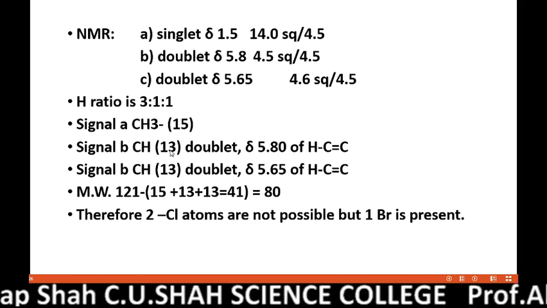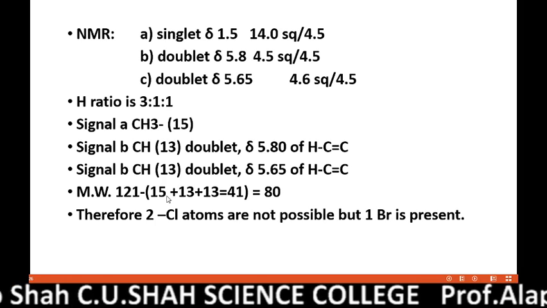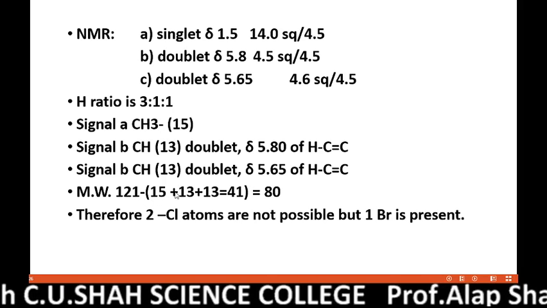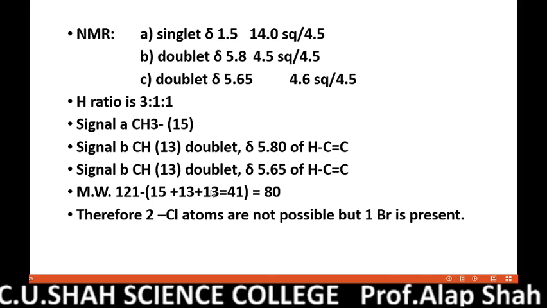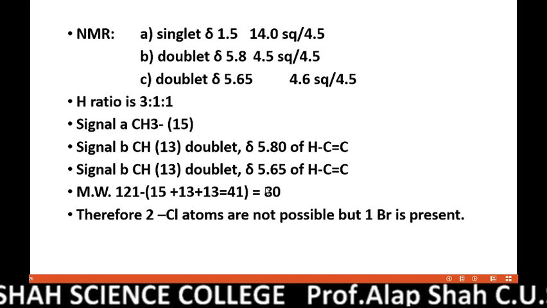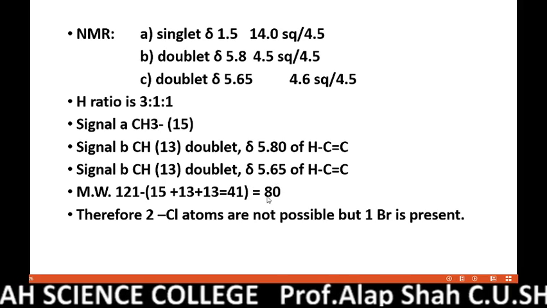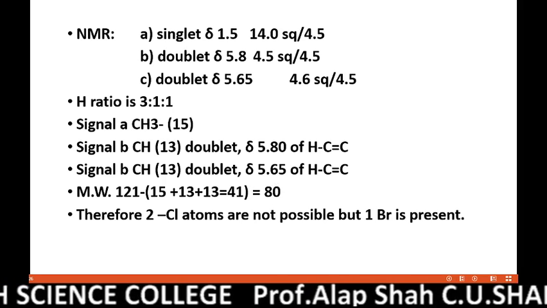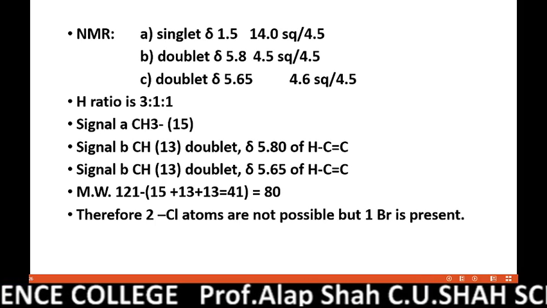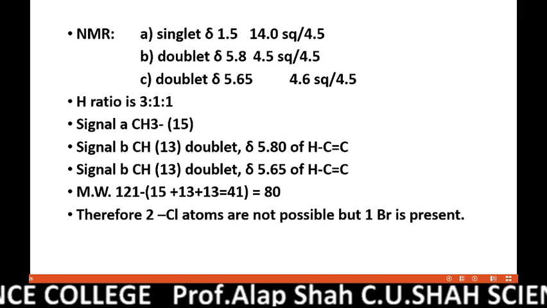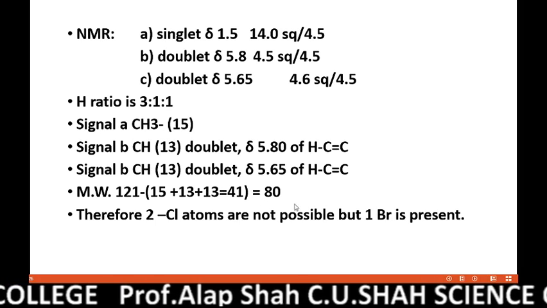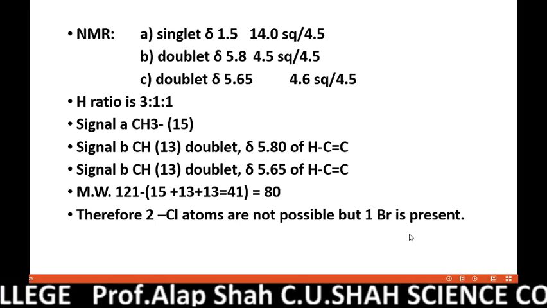So total 15, 13, 13, that we should subtract from the given molecular weight of 121. These three total 41. So their difference is 80. So first thing, 2 chlorine is not possible because the sum of 2 chlorine atoms would be 71 and bromine's weight is 80. So apart from these three groups, CH3, CH and CH, one bromine atom must be present.